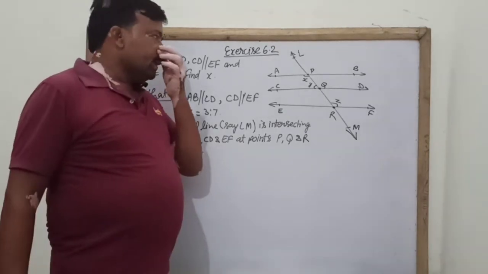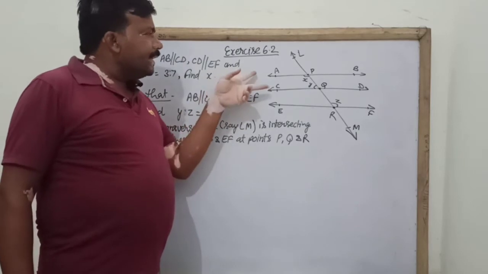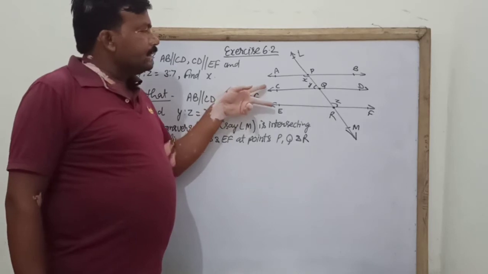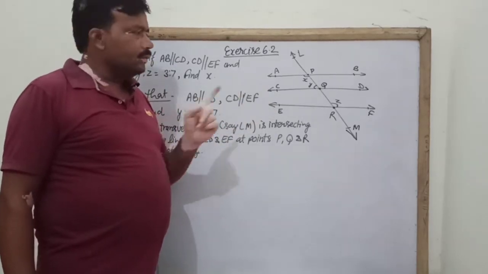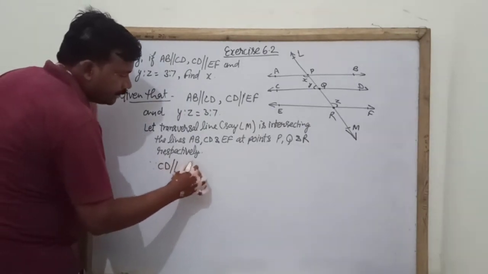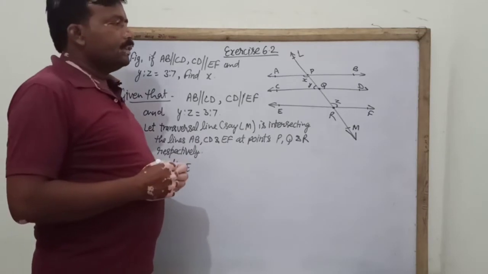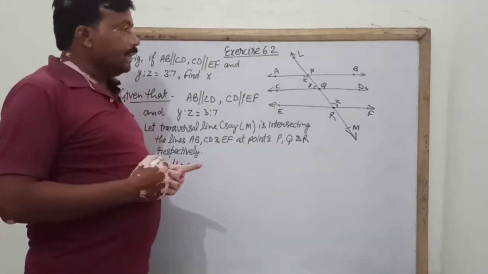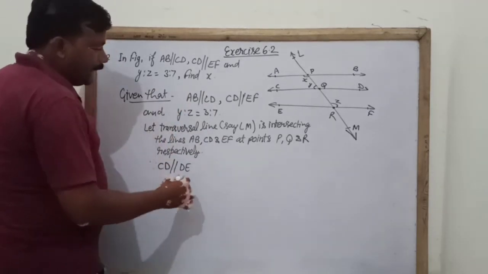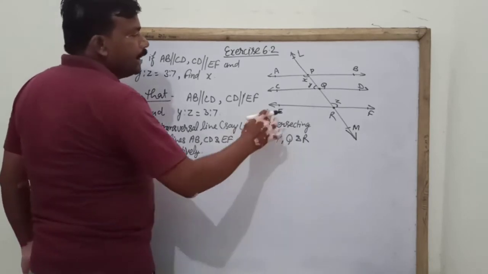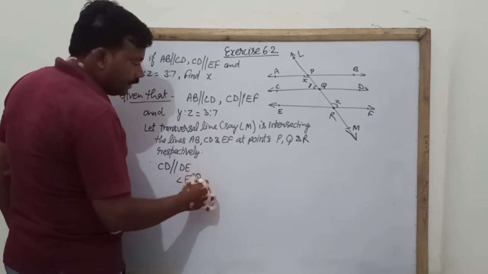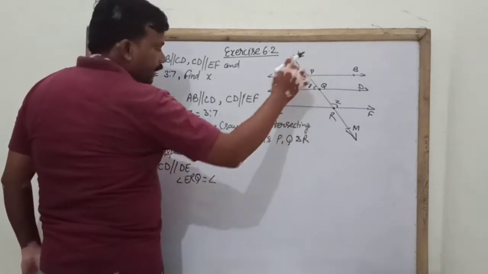Now, since CD parallel to EF, we can say that angle ERQ equal angle CQP.